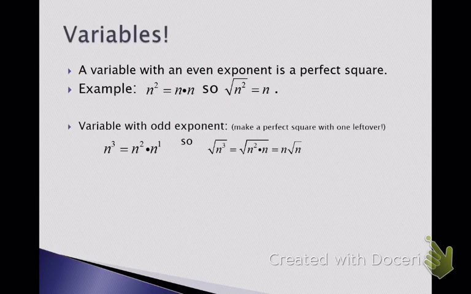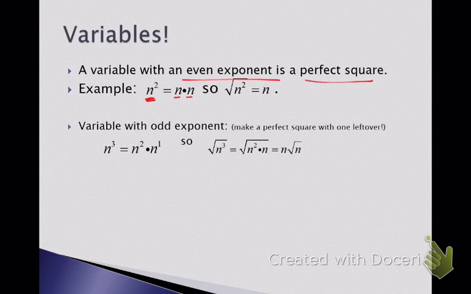Okay? All right, variables. We want to also be able to deal with any variables that we may get inside of our radical. Okay? And so here's the deal. A variable with an even exponent is a perfect square. Right? Because n squared, we get n squared by taking n times n.